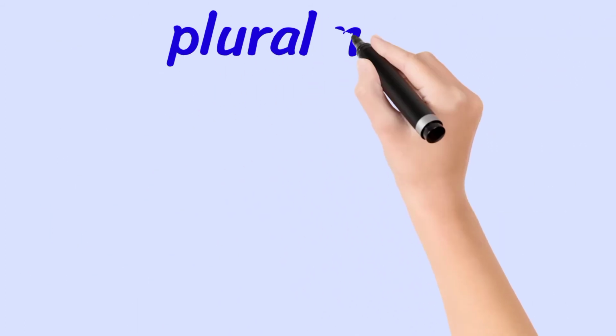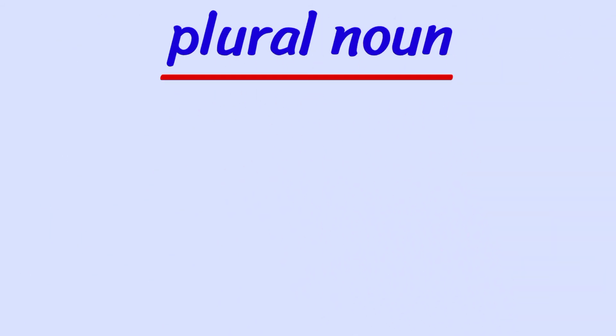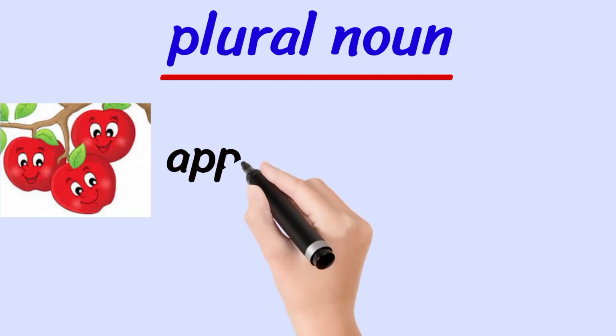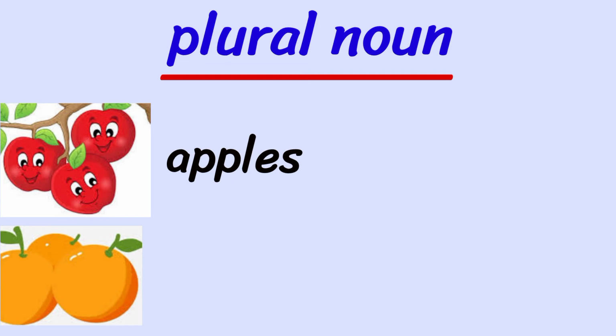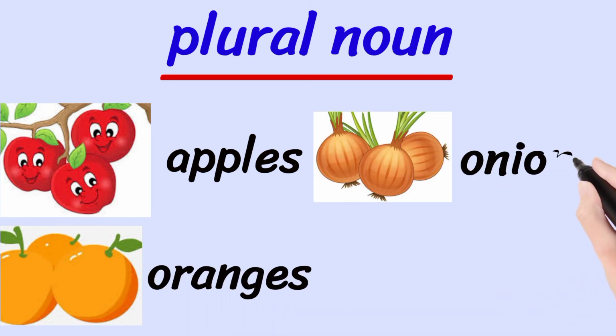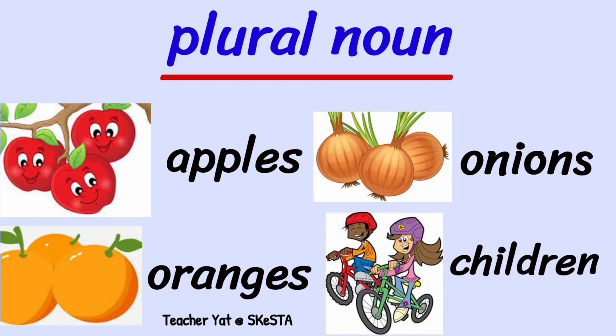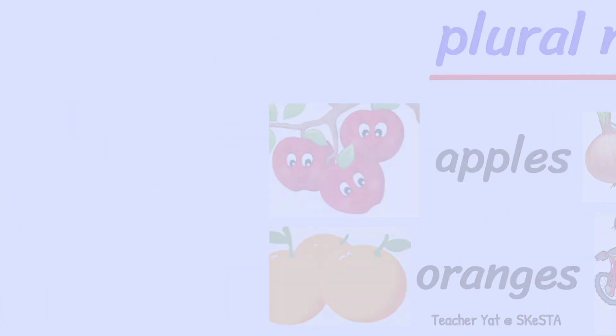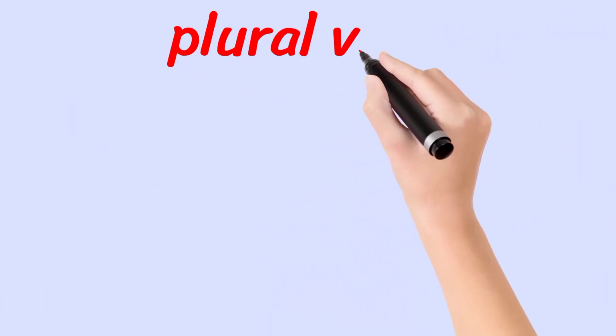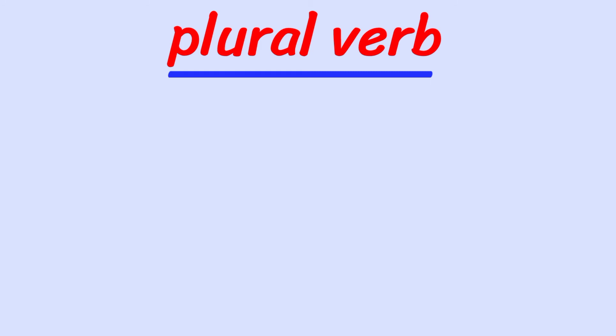We first need to remember that plural means there is more than one. Here's a couple of plural nouns: apples, oranges, onions, and children. A plural verb doesn't have an S at the end of the verb.